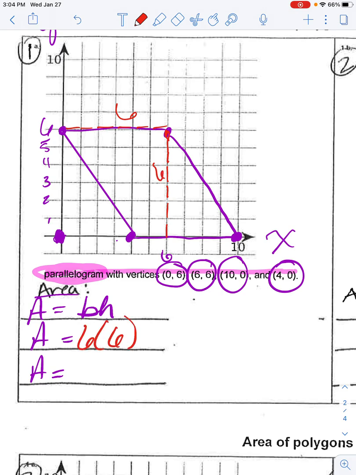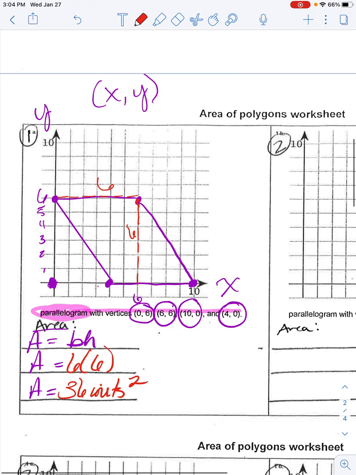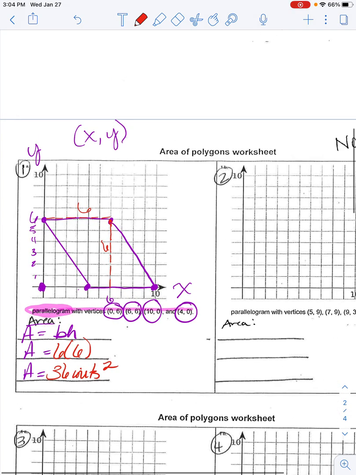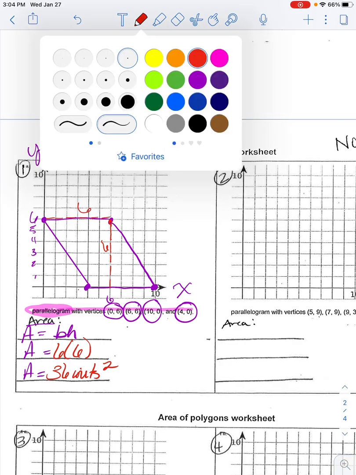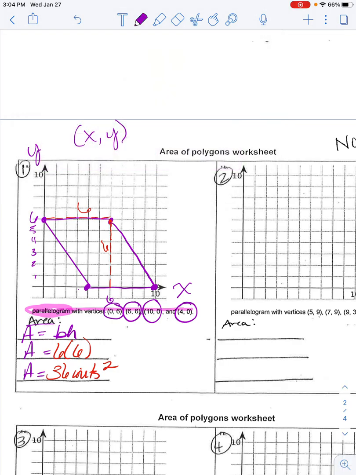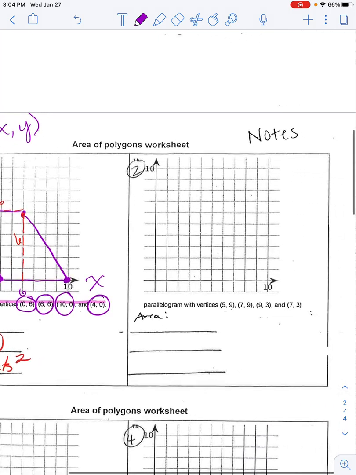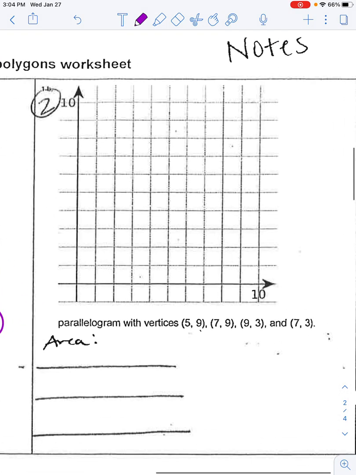Base is 6, height is 6, the area is 36 square units. So now you've got to be able to plot these points and then find the area of the polygon.